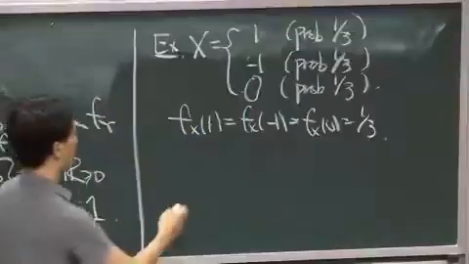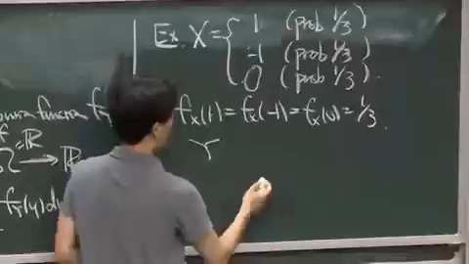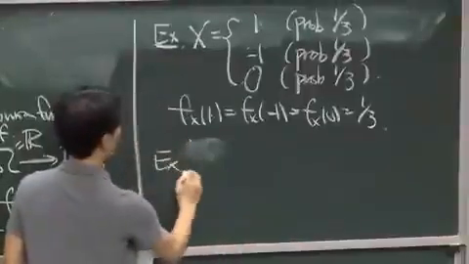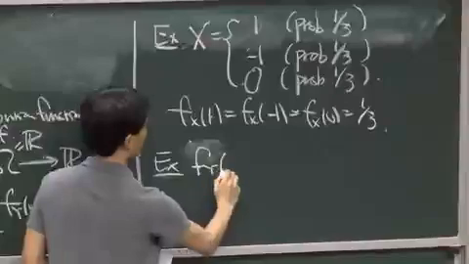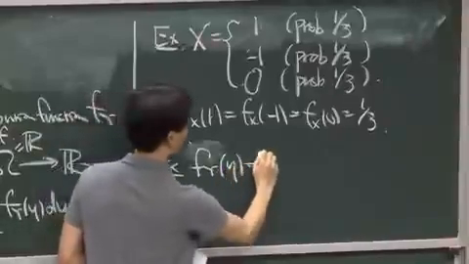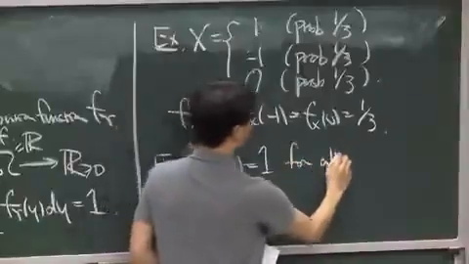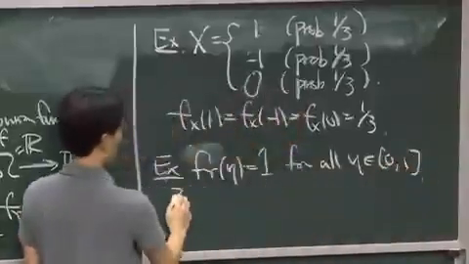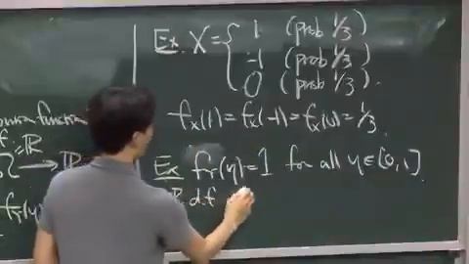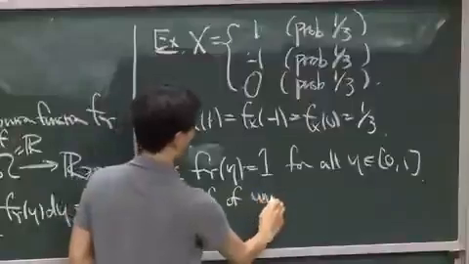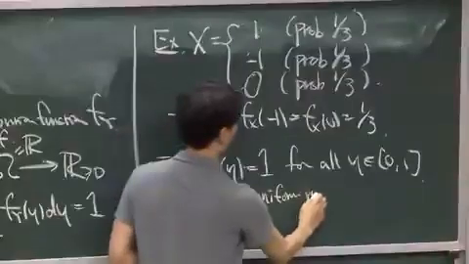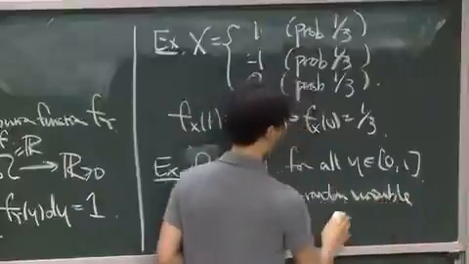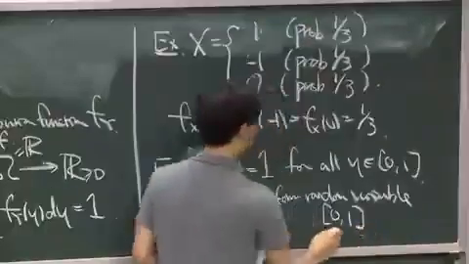An example of a continuous random variable is if, for example, f sub y is equal to 1 for all y in [0, 1], then this is the PDF of a uniform random variable where the space is [0, 1].